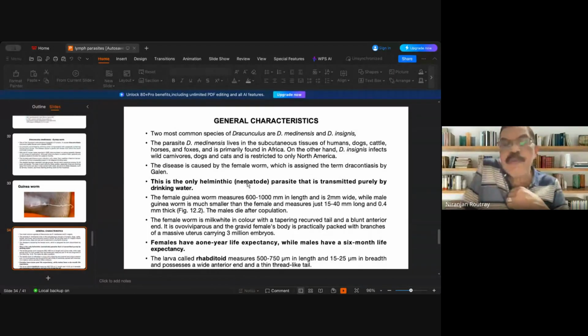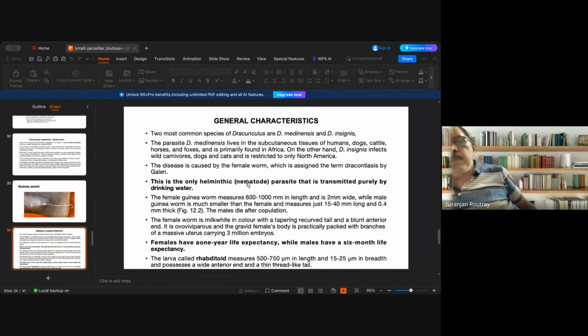It is ovoviviparous, and the gravid female's body is practically packed with branches of a massive uterus carrying 3 million embryos, and they shed these embryos into the nearby water medium every few days.